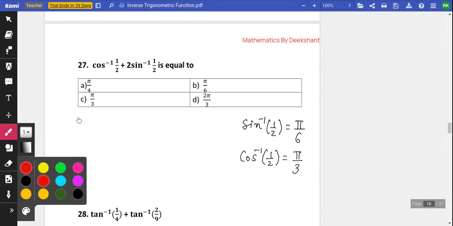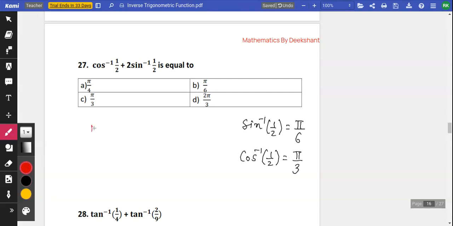Put this value, we get pi by 3 plus 2 multiply pi by 6. The 6 is cancelled by 2, then it becomes pi by 3 plus pi by 3 is equal to 2 pi by 3. Therefore, correct answer is option D.